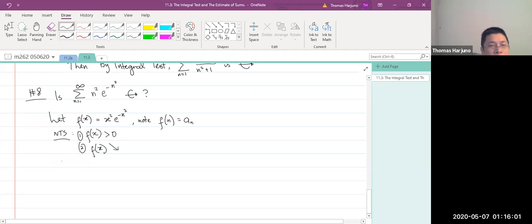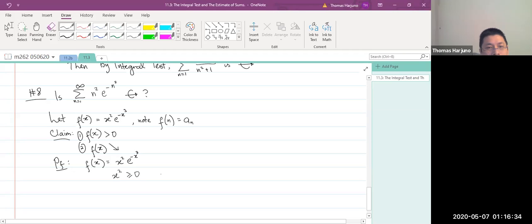Okay, so instead of saying need to show, let me just say claim, and then I prove that claim. So prove: f(x) equals x squared e to the negative x cubed. Okay, x squared is at least 0, right?